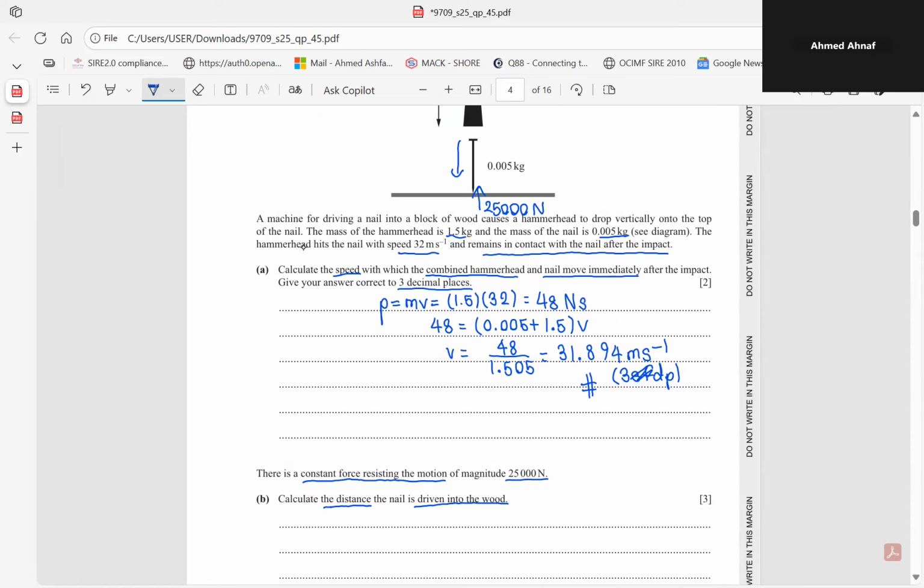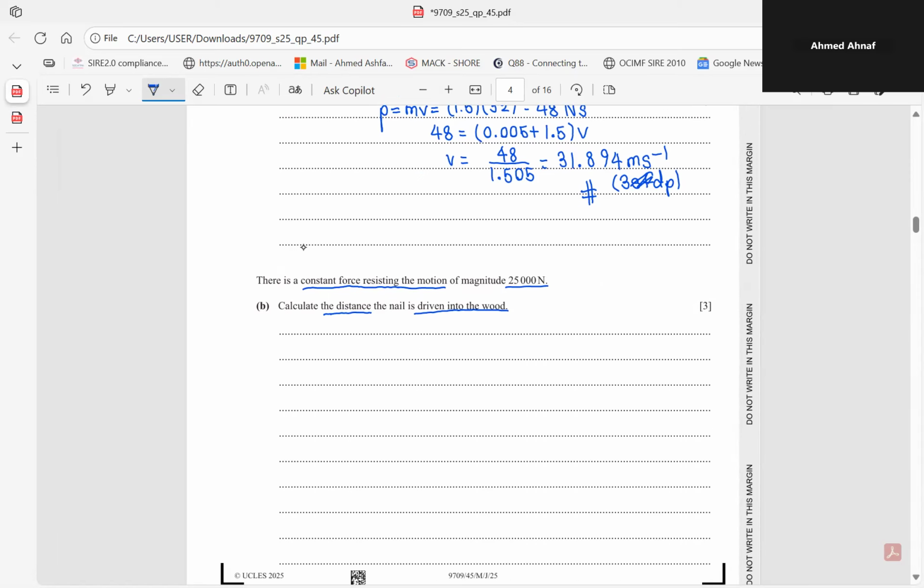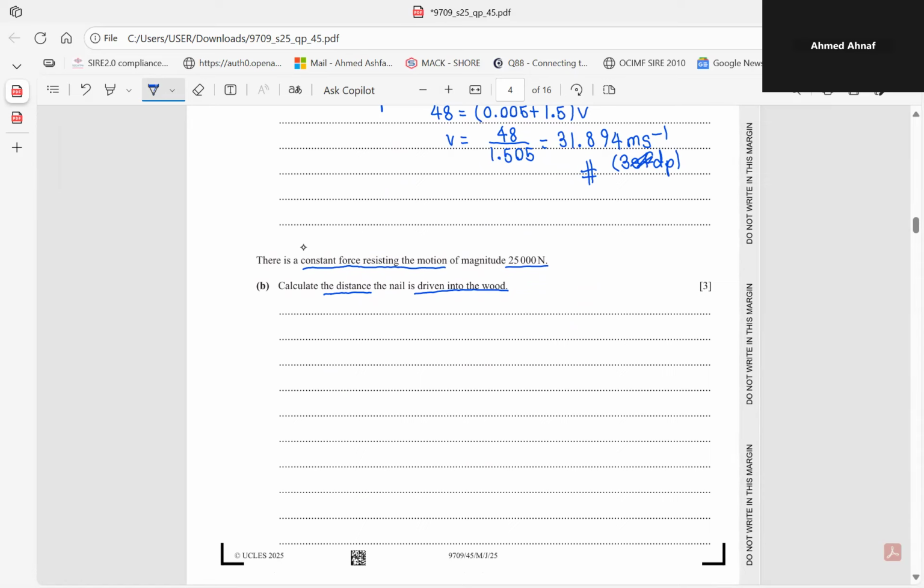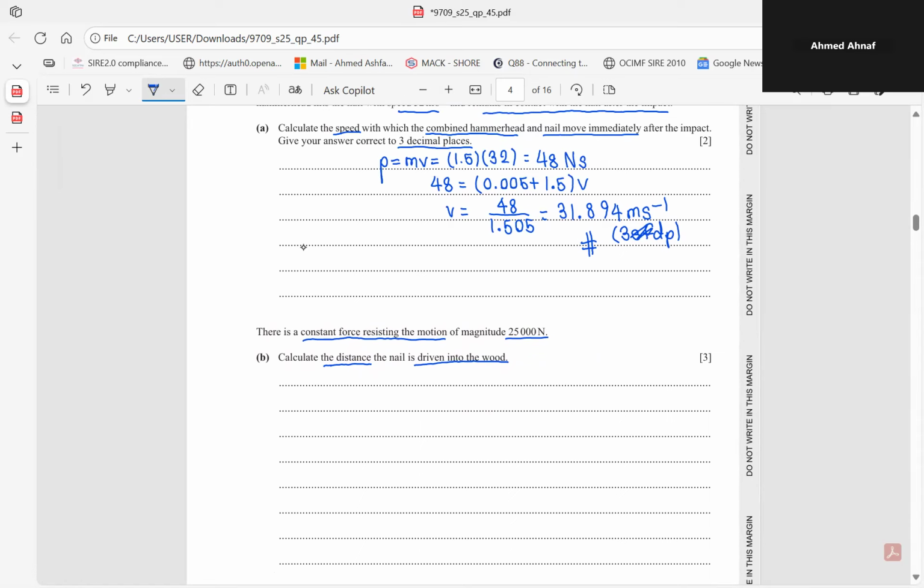Okay, so the resistive force is 25,000 newtons.